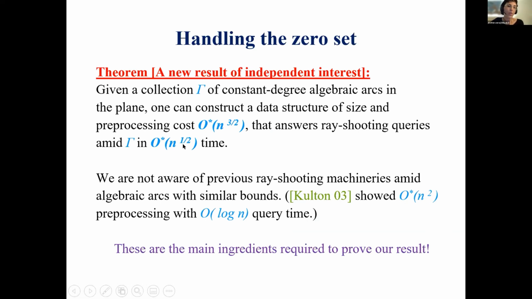We had to construct such a mechanism from scratch because we were not aware of previous ray shooting machineries amid algebraic arcs with similar bounds. This is more or less the most technical part of this talk, and the main ingredients I've just shown are what is required in order to prove our result about ray shooting.